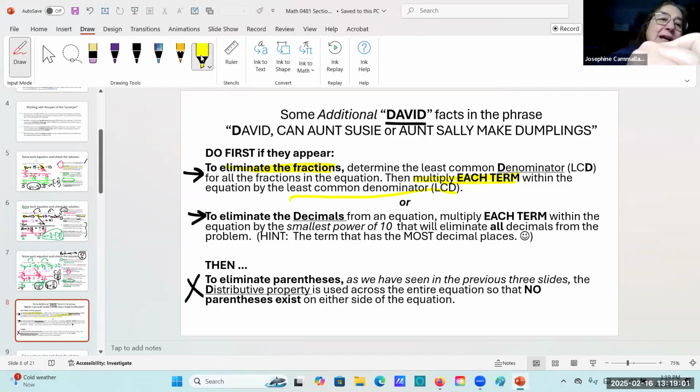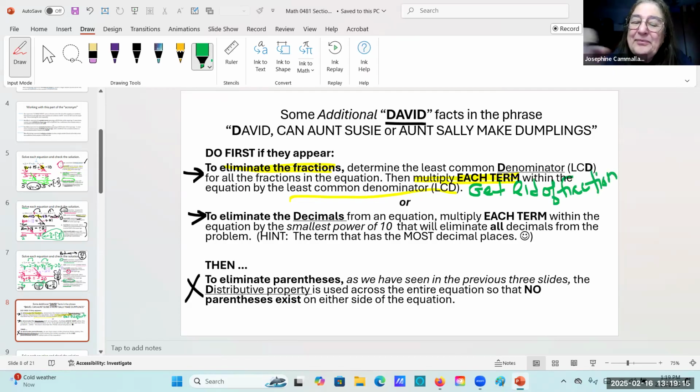This is going to get rid of your fractions. Get rid of fractions. That's the first step. If you have fractions, and all it takes is 1 fraction, the goal is to get rid of it. Now, some of you may have heard the term equivalent. Well, by multiplying each term by the LCD, we are creating an equivalent equation.